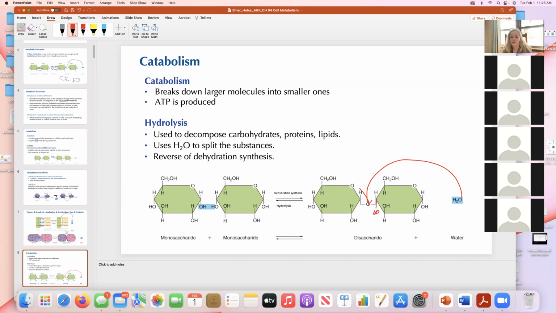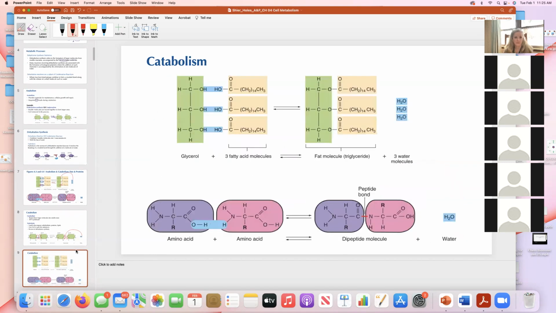This hydrogen and oxygen comes over here as H and then O, and then we put our other H. So you see HOH over here, HOH over here. All right, we've just split it apart. Catabolism of our lipids, same thing.